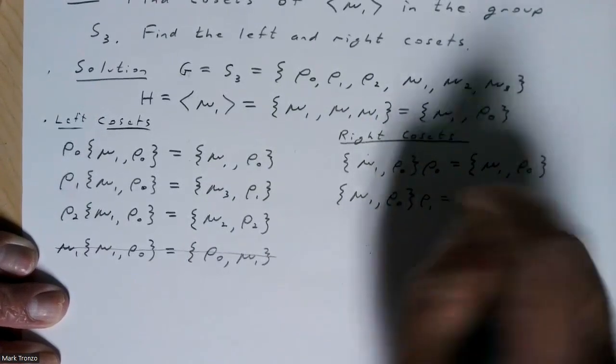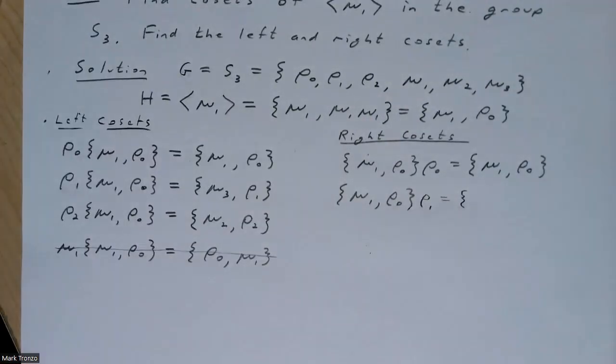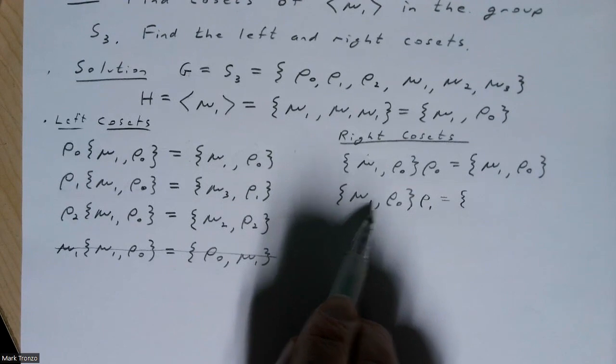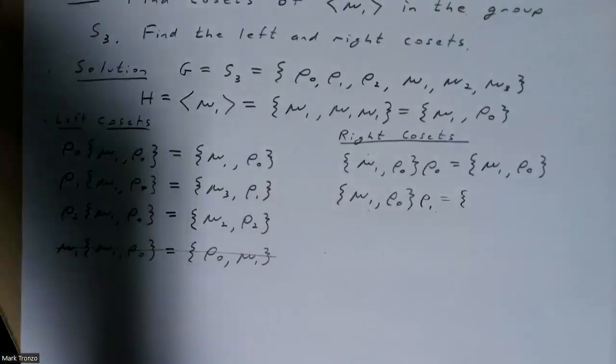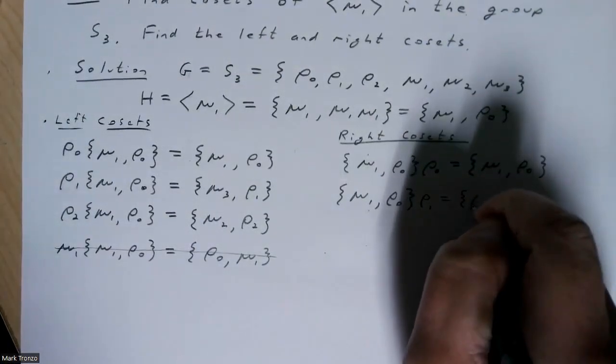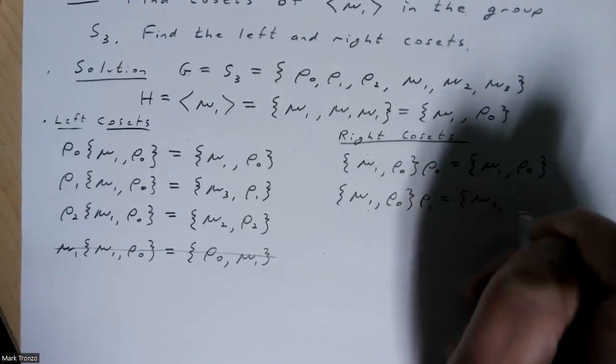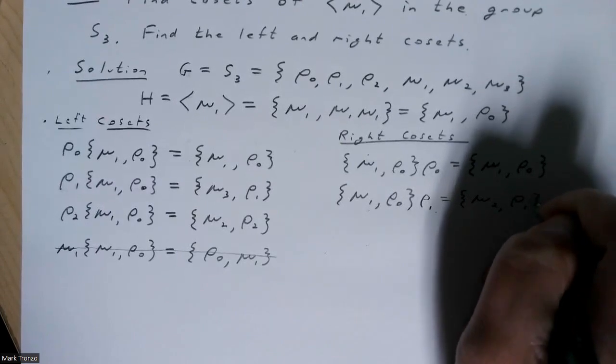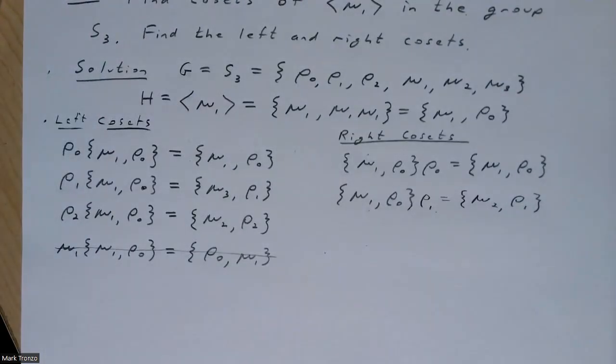And we'll have to check our table here. So this time we're multiplying mu1 times rho 1. mu1 rho 1 is mu2, and rho 1 times rho naught is rho 1.